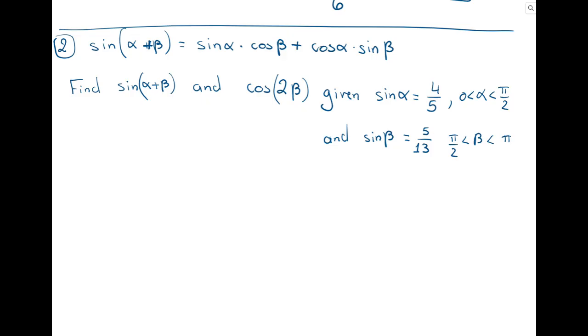So remember, that's just telling us that alpha is in quadrant 1 and beta is going to be in quadrant 2. That's what that tells us.